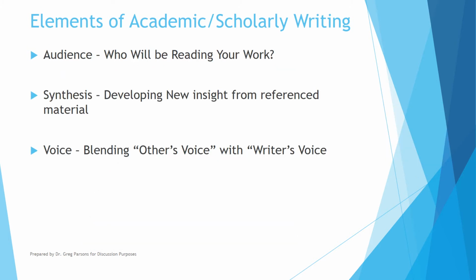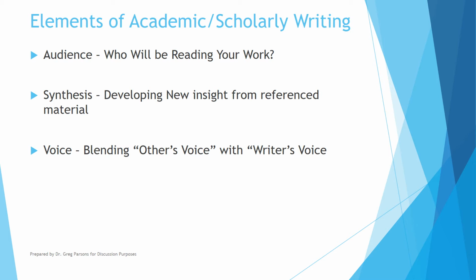Other elements of scholarly writing is the audience. You have to keep in mind who you're going to be writing for and understand their needs. Generally, I say, I may know the subject you're writing about quite well, but you have to write for an audience that doesn't know it so well. You also need to use synthesis, which is not simply copying information from one place and putting it in another, but it's using the information to develop new insight.